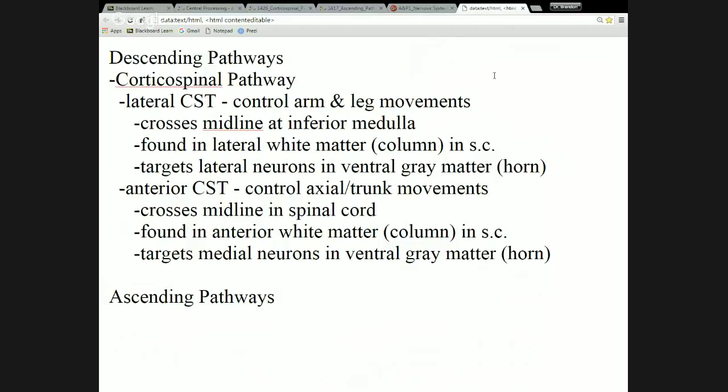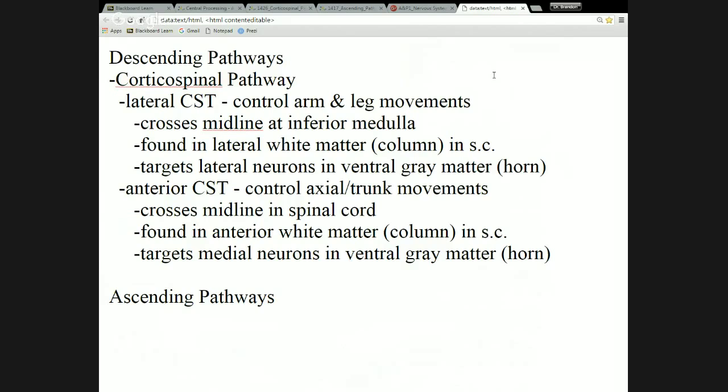Whereas the anterior corticospinal tract, the right and left sides are right next to each other. And there's a little bit of imprecision, maybe we could call it, over what controls what side of the body. And that's okay, because the arms and legs are very separate structures, and they're going to be controlled completely separately. But the axial musculature, you can't really move the right side of your trunk without the left side of the trunk moving also.